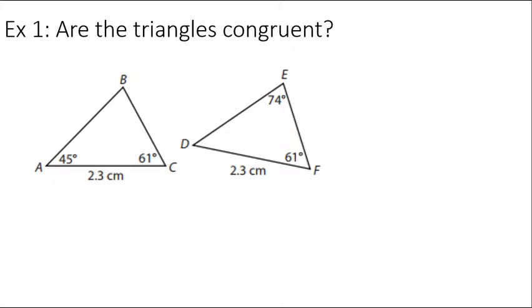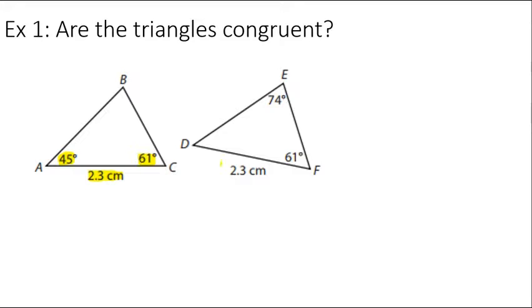And if you notice, they give you a few angles here, but they don't give you all of the angles. So they give you a 45 angle here and a 61-degree angle. And they also give you a side of 2.3. So here we have a side included between the two angles.